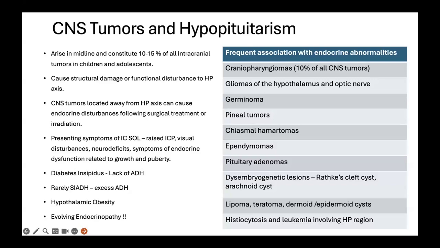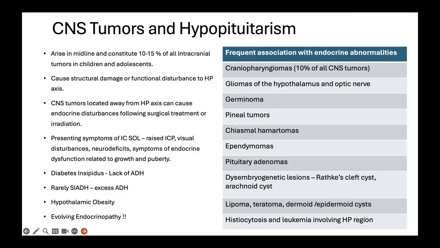For example, the DI, or diabetes insipidus, may be present years before the symptoms of tumor start developing, and the puberty and growth may be affected a few years before or even after the presentation of the tumor symptoms itself. As you can see on the right side, there is a list of other tumors which can be present in the hypothalamo-pituitary region and cause endocrine abnormalities.